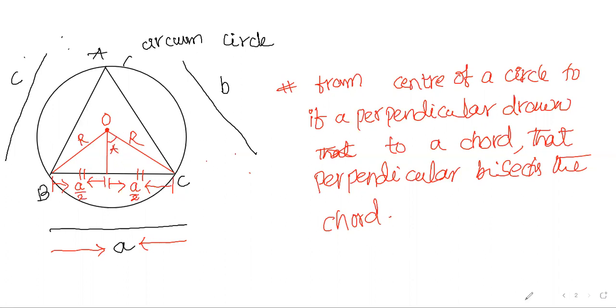If you draw it clearly, you will get this picture. This is angle A, this is side a by 2, and this is R. From this, what can I learn?